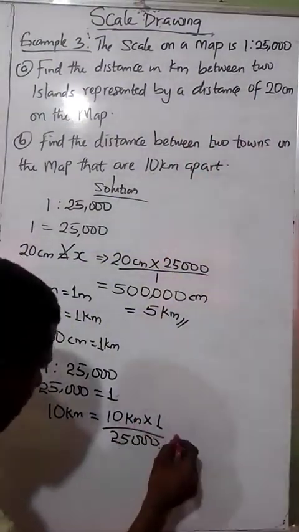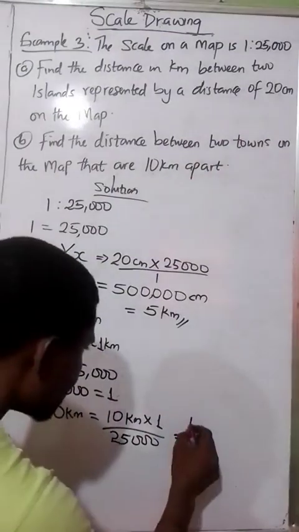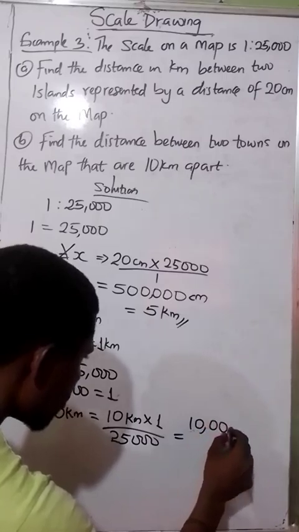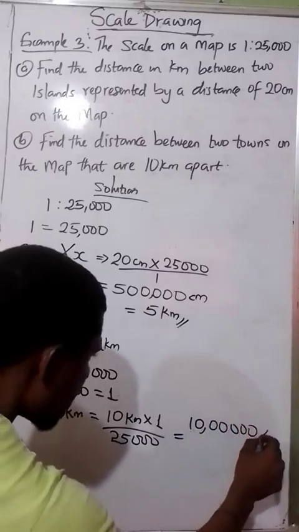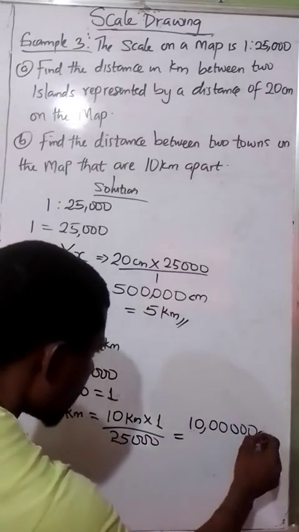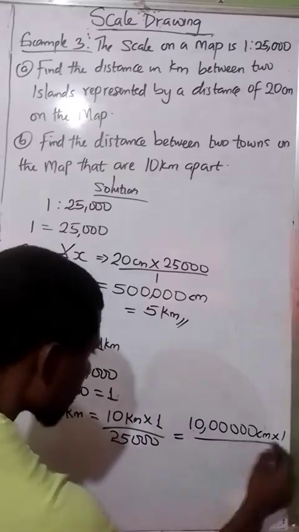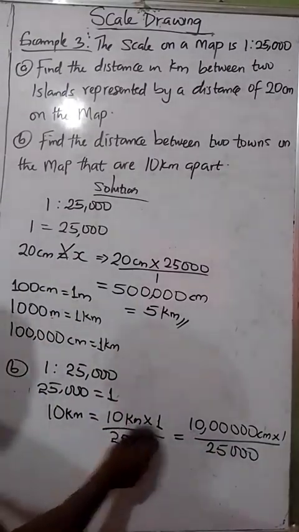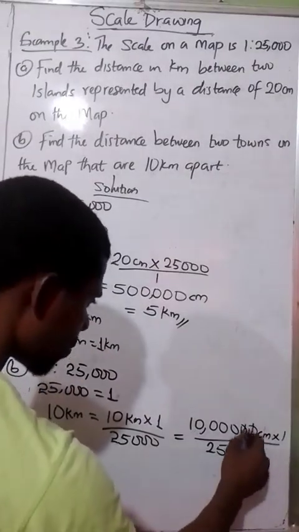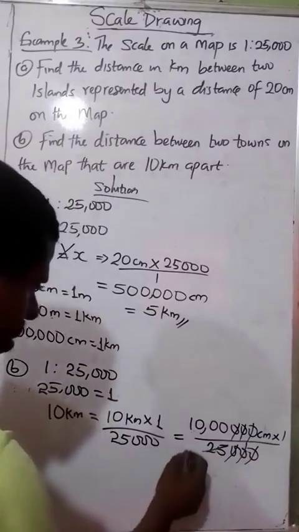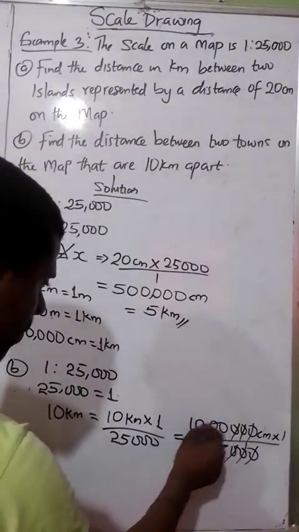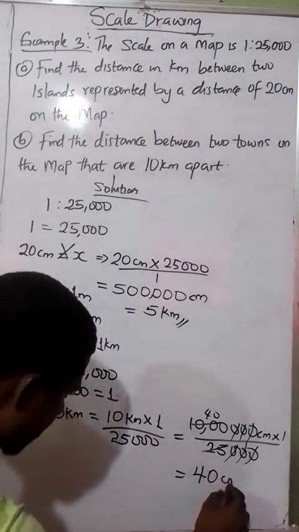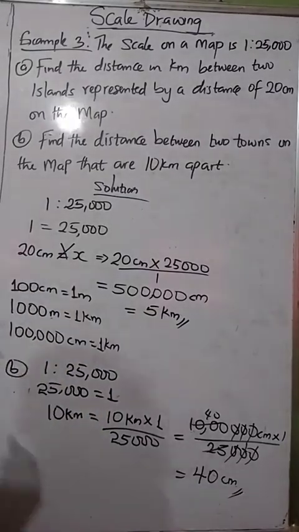So you convert this to centimeters, you have 10 times 100,000 centimeters over 25,000. So we are converting kilometers to centimeters. That gives 40, so that's 40 centimeters. That's the final answer.